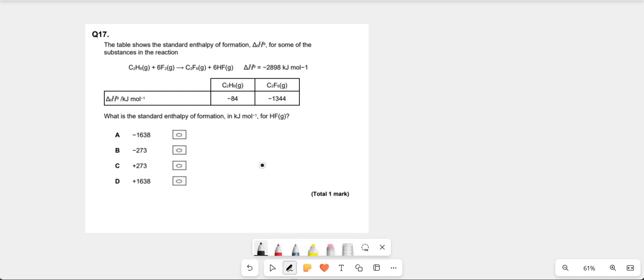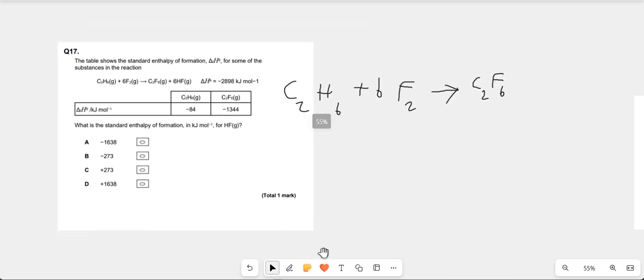What we need to write here is, I've got that to that, so let's just write that down. C2H6 plus 6F2 produces C2F6 plus 6HF.